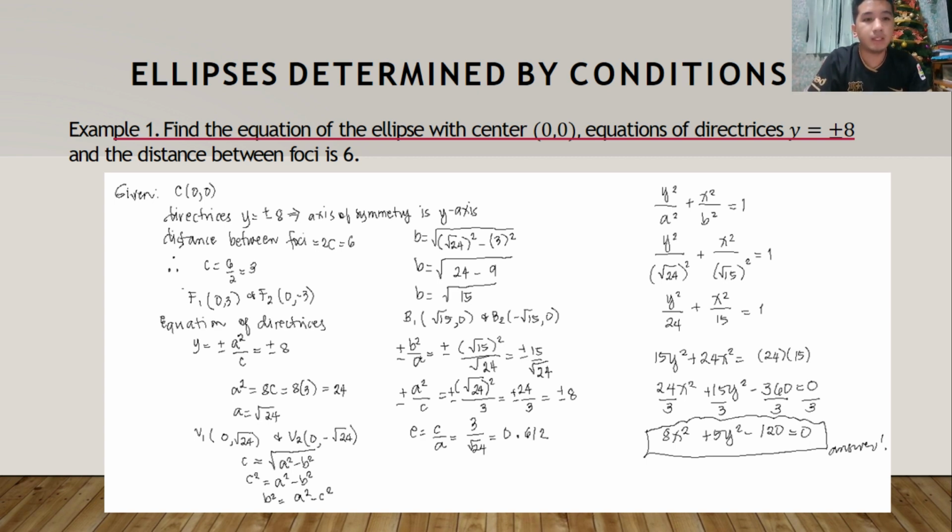Positive negative a squared over c equals positive negative the square root of 24 squared over 3 equals positive negative 24 over 3 equals positive and negative 8. So our e equals c over a equals 3 over the square root of 24, which is equal to 0.612.